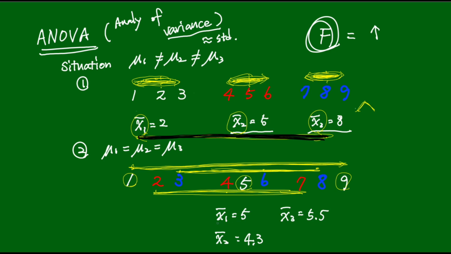So the group sample mean is 5, right? So 5 is here, and the group sample means for groups 2 and 3 are 4.3 and 5.5.